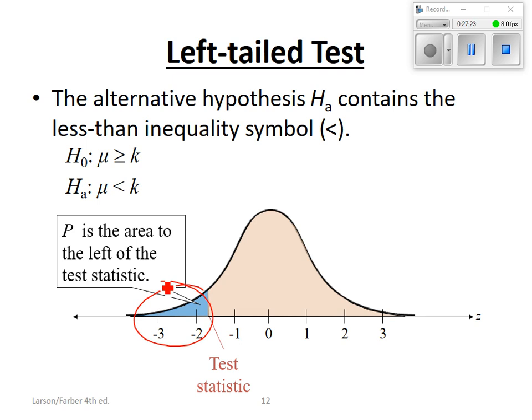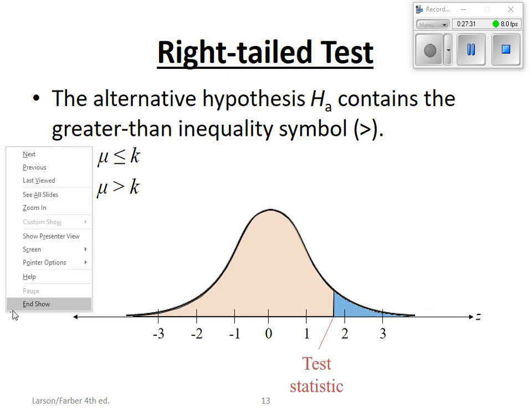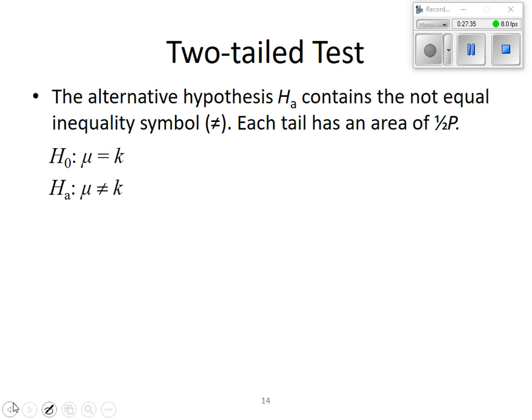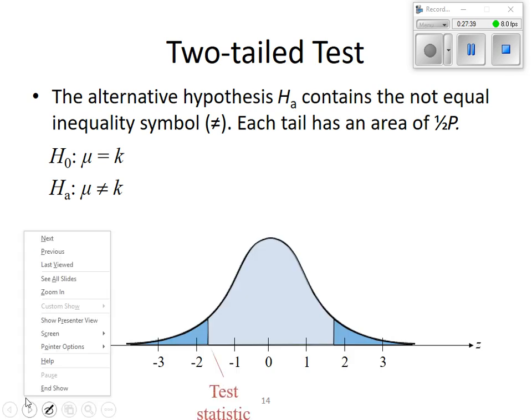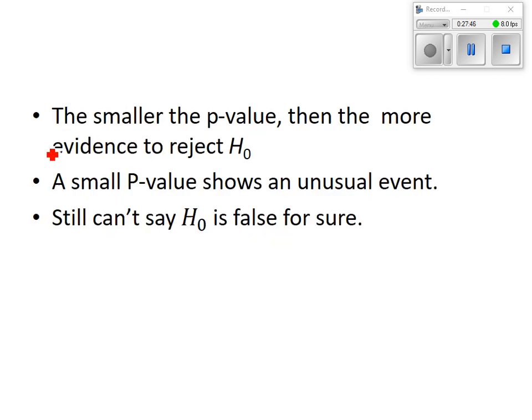If it falls in that shaded part, then it's more extreme. This goes through each of the tails like we just did. That's a right-tailed, and the not equal to sign is a two-tailed. So if the p-value falls in either one of those, then we would go with that.